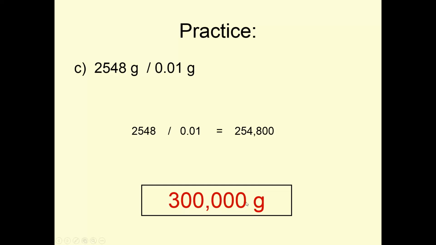Make sure you leave off the decimal point. If you put a decimal here, you'd be saying that all these zeros mattered. So do not put a decimal point on that number. You have 1 significant digit. Look how high it rounds up. So 254,800 in this case rounds to 300,000 because it has a single significant figure.